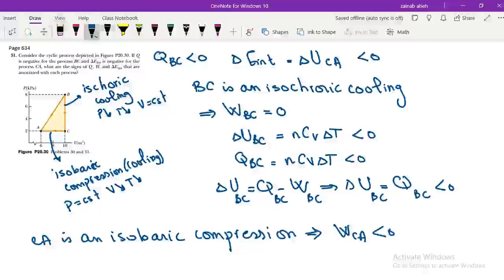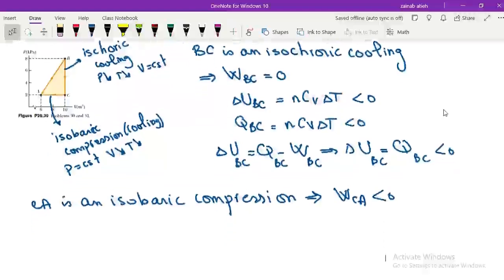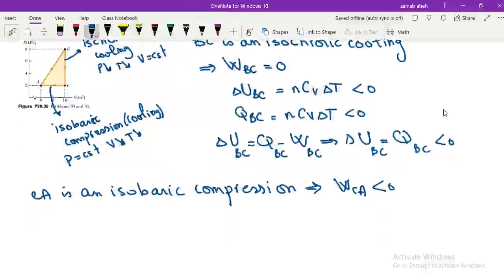Now let's go to delta U. Both of them can be solved at the same time. Delta U is all the time nCv delta T, this doesn't change. Temperature is decreasing, so in this case we have isobaric cooling, so for sure this one will be negative.